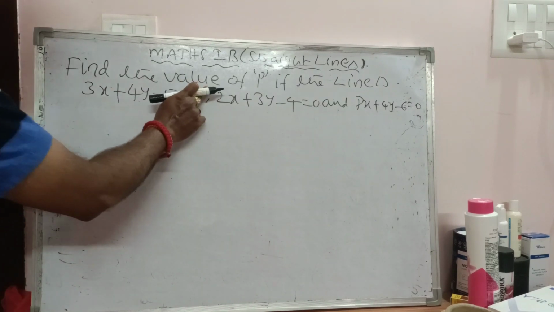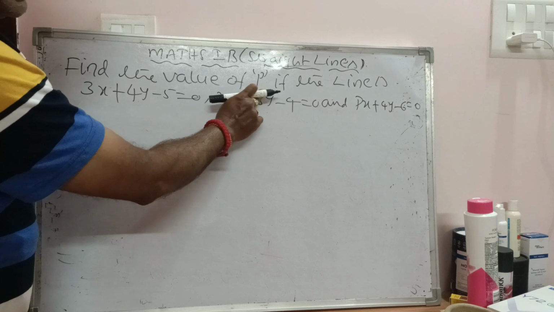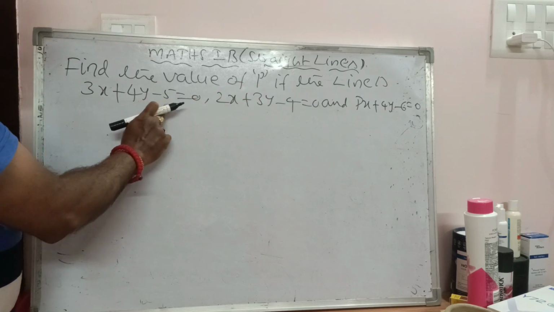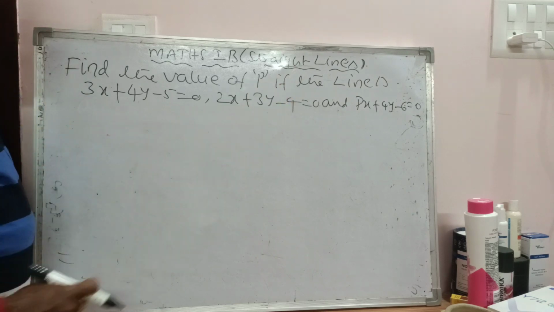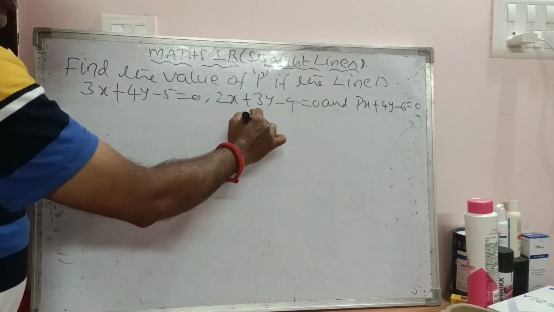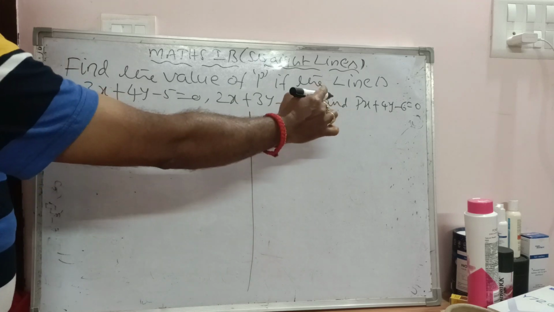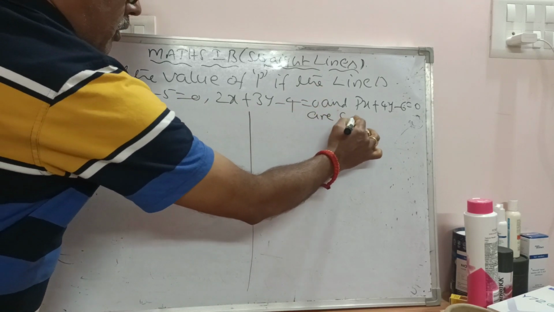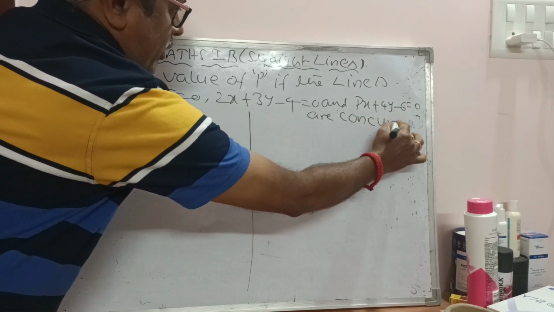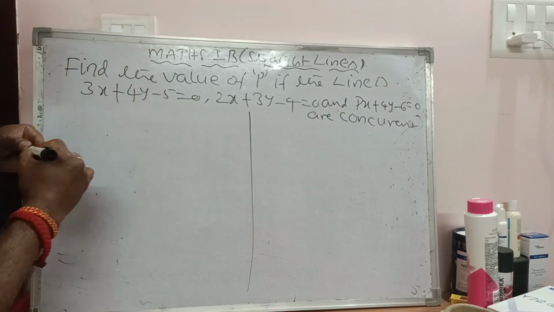Let's have one more question of the same model. Find the value of p if the lines 3x plus 4y minus 5 is equal to 0, 2x plus 3y minus 4 is equal to 0, and px plus 4y minus 6 is equal to 0 are concurrent. If the lines are concurrent, we have to find the value of p.